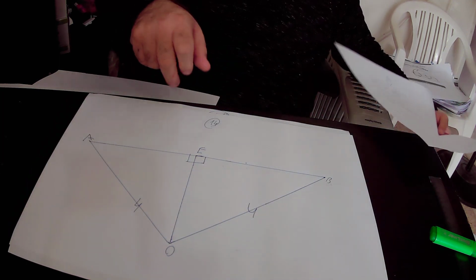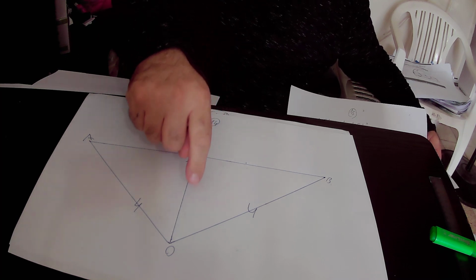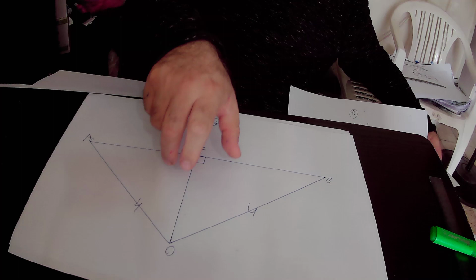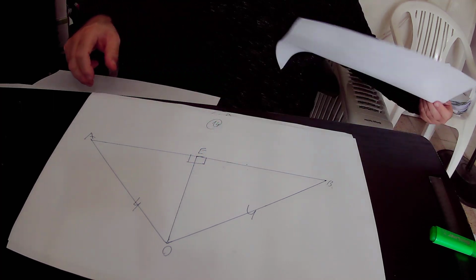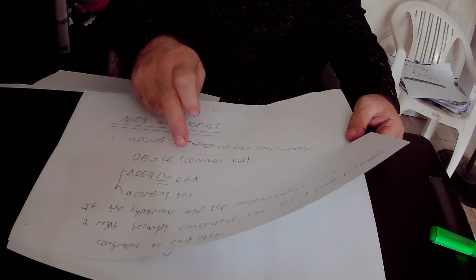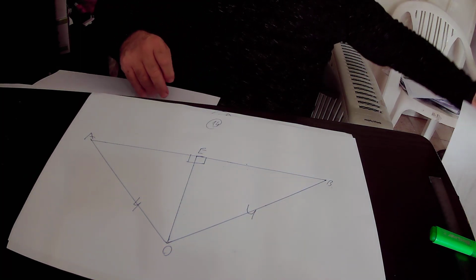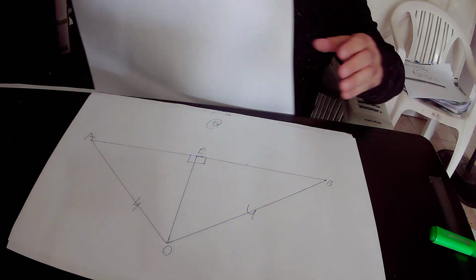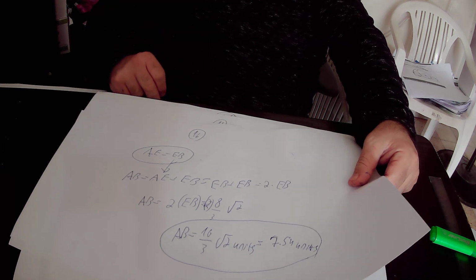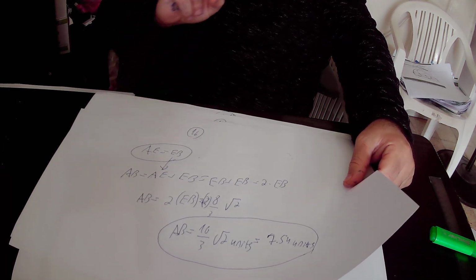So those two triangles can go into each other, and from this fact we conclude that AE equals EB, according to the rule that corresponding sides in congruent triangles are equal to each other.